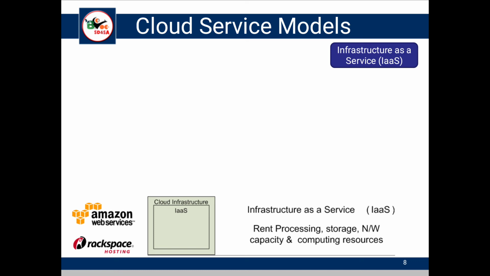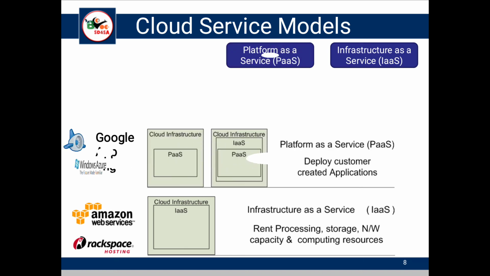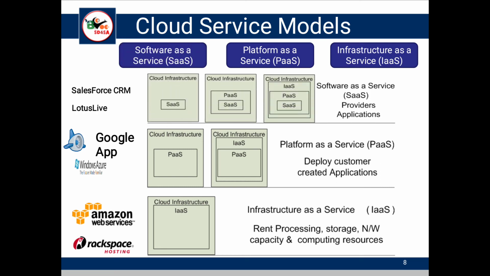Cloud computing service models: the first one is infrastructure as a service, where you can have network, storage, and servers. The second one, platform as a service, where you can provide runtime environments where the customers can deploy their applications and work on it. And the last one is software as a service, where applications can be installed on it.